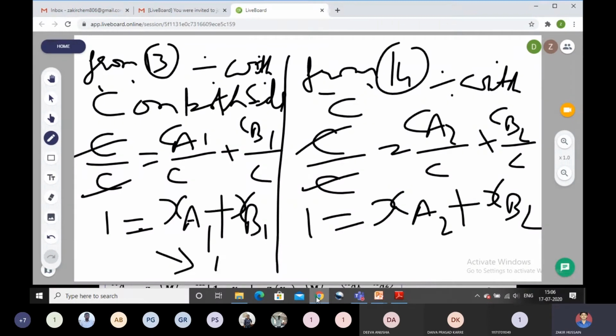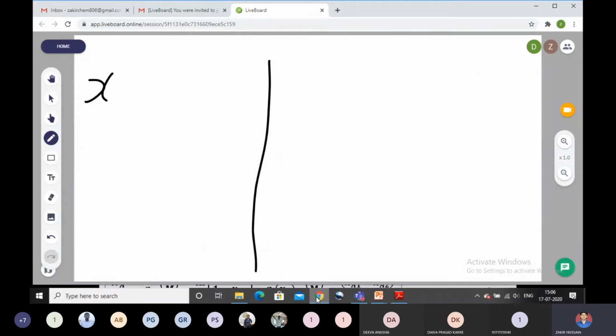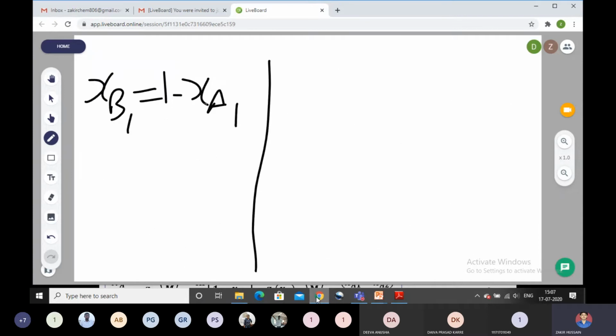You can give equation numbers 18 and 19 for these. Now from equation 18, we can write XB1 is equal to 1 minus XA1. Similarly, from equation 19, XB2 is equal to 1 minus XA2.